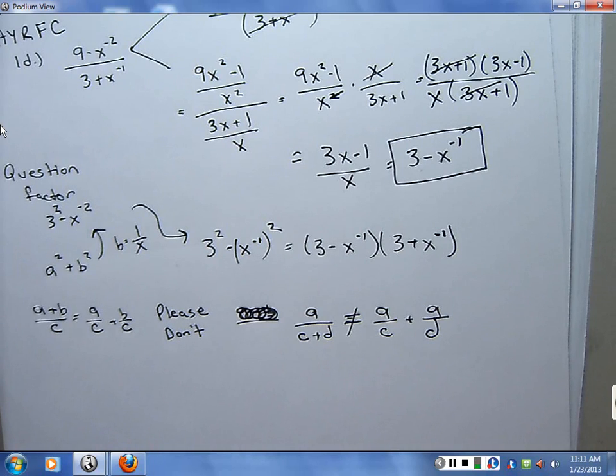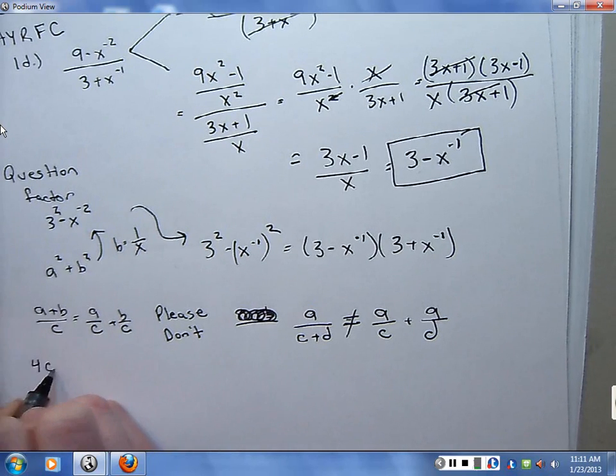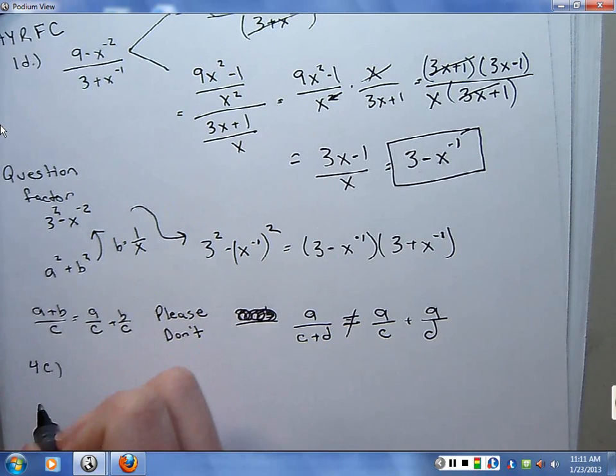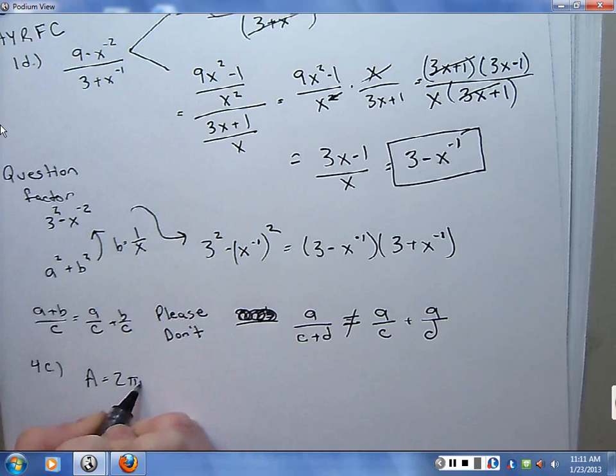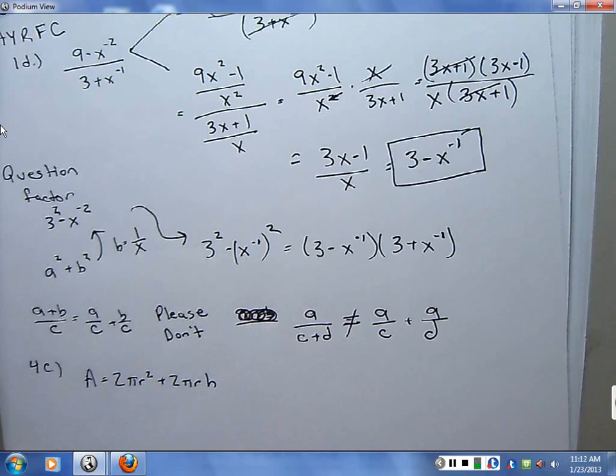Number 4C, you're asked to solve the area for a cone, no, not a cone, a cylinder, for r greater than 0.